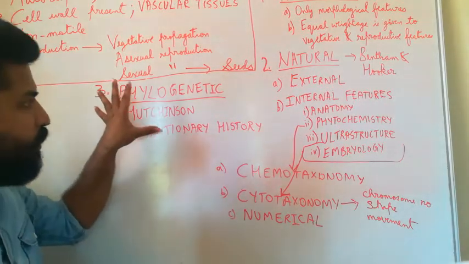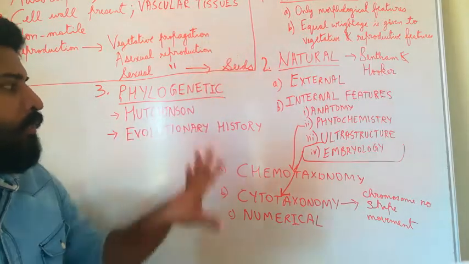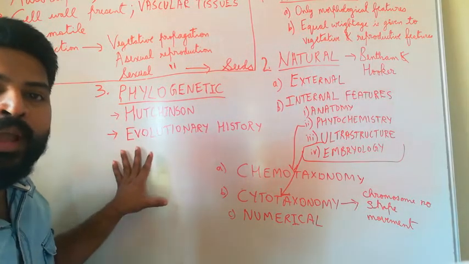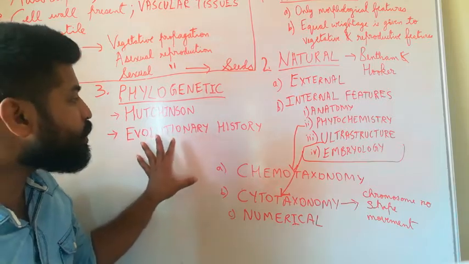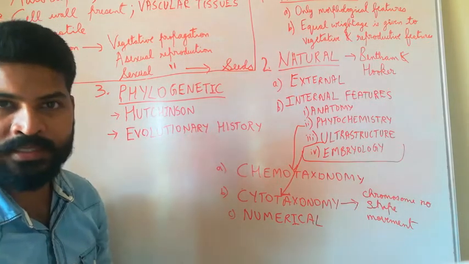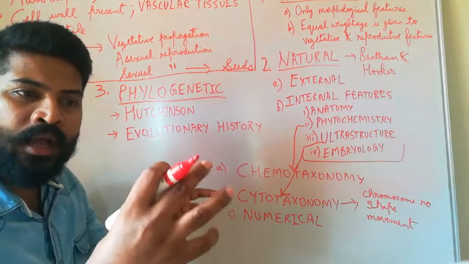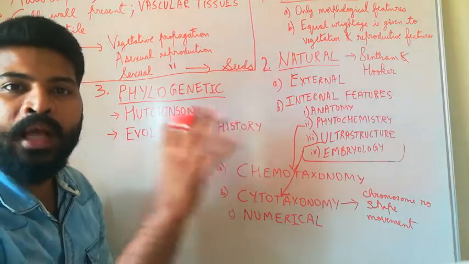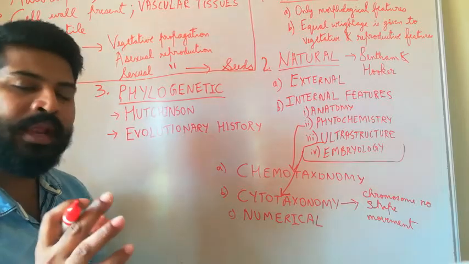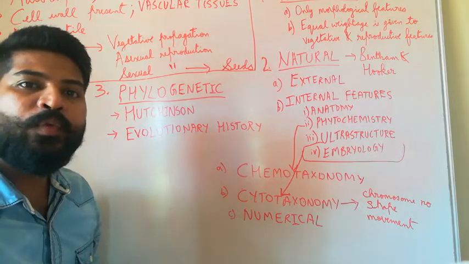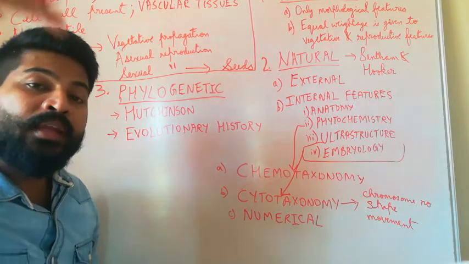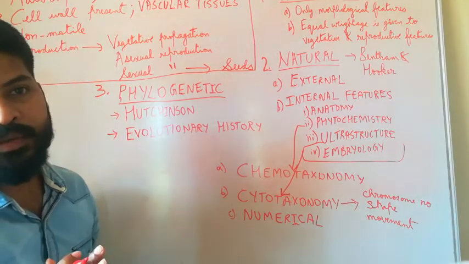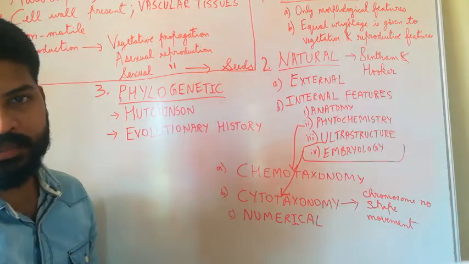So the phylogenetic system of classification, it takes into account the evolutionary history of the plants. If two plants are similar, it is assumed that they have a common ancestor. If two plants are dissimilar, they will have an ancestor but very farther apart, very far in the past.